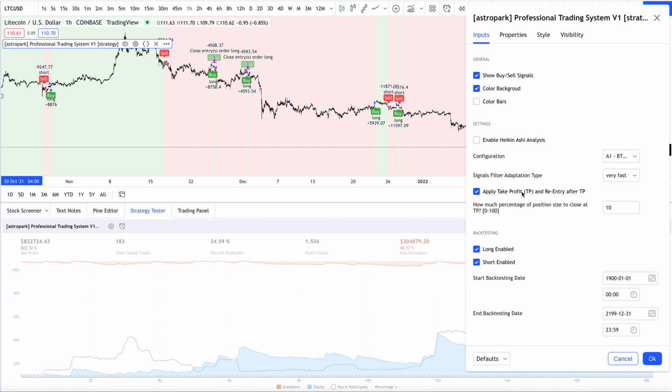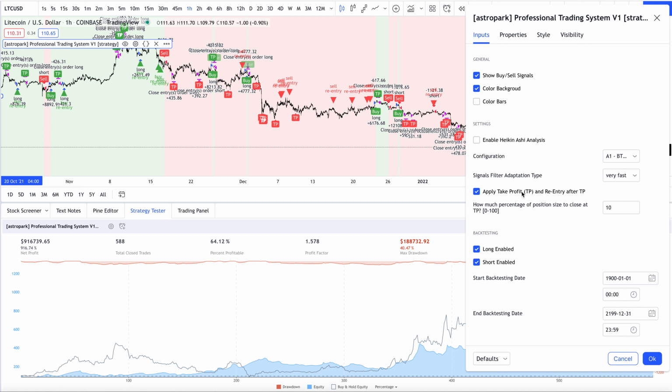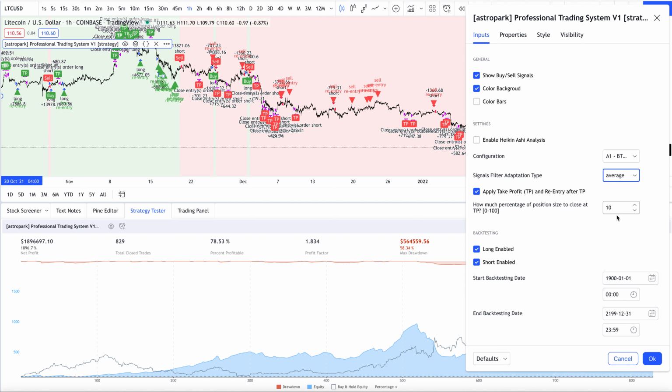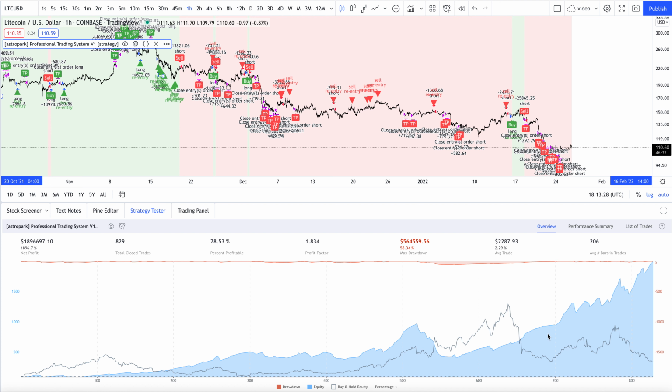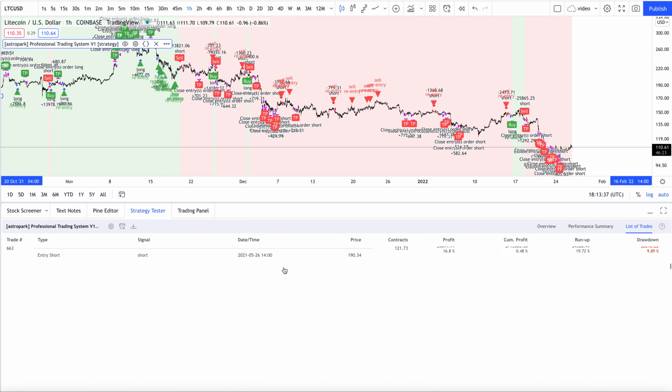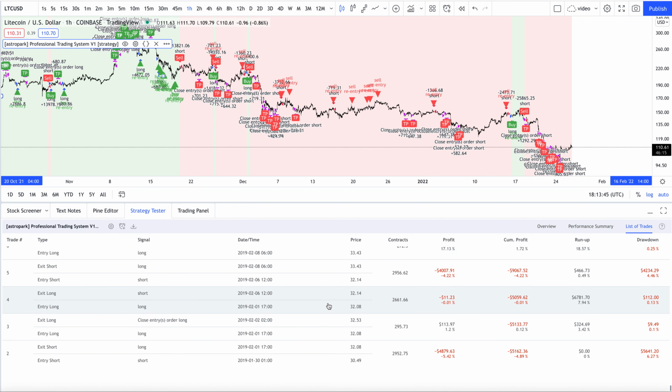Enabling take profit and re-entry. It's even better. Instead of very fast, let's try the fast over an average. Yeah, you can see that we are testing from today till, well, of course on 1 hour it tests much more history.